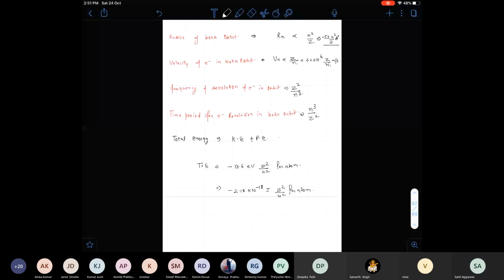And total energy is equal to kinetic energy but with negative sign. Total energy into 2 is potential energy with the same sign.